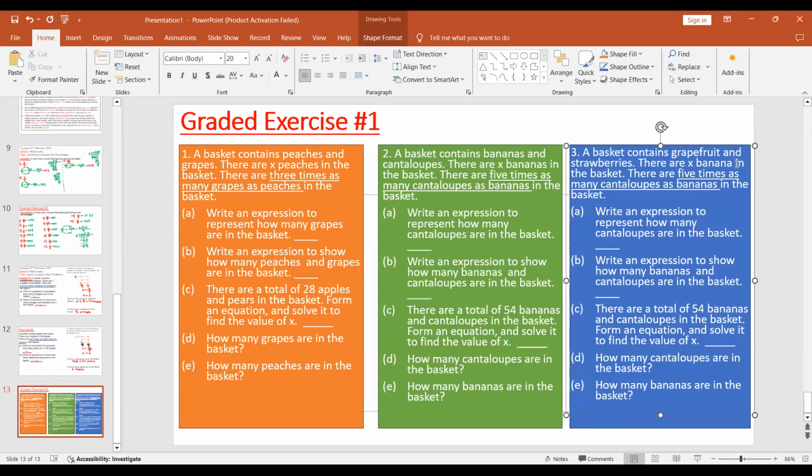There are X, excuse me, grapefruits. In 1C, you forgot to change apples and pears from grapes and peaches. Thank you. Grapes and peaches.